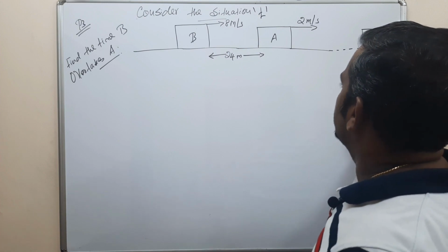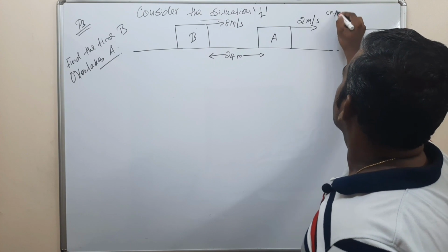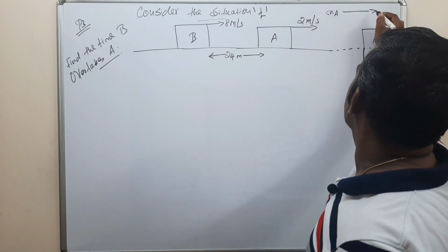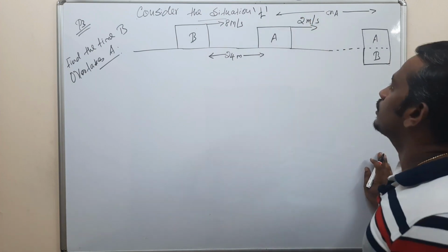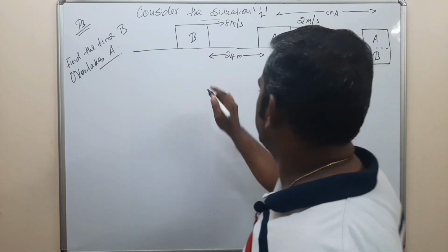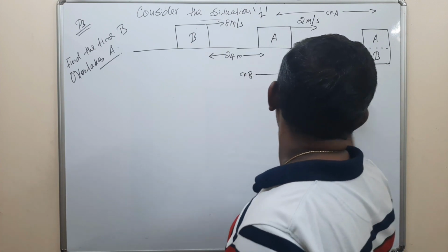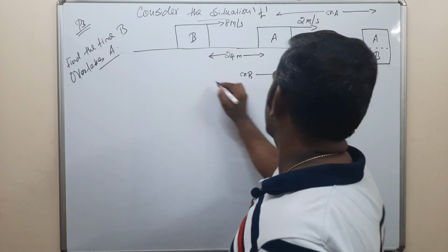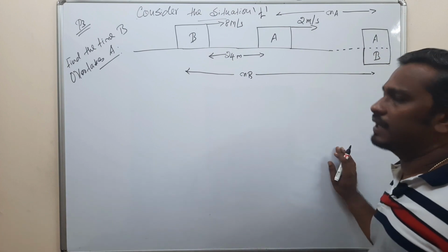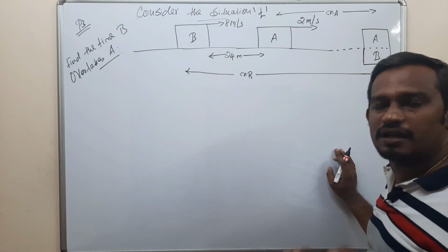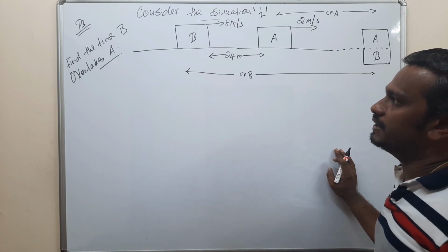After time t, let XA be the distance travelled by car A, and XB be the distance travelled by car B after time t.